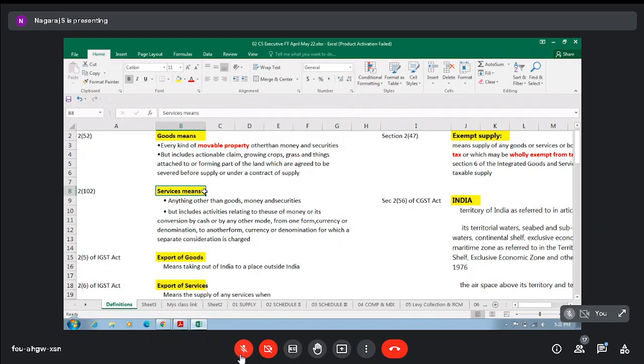Okay, immovable properties are not service. I will tell you when it becomes service.